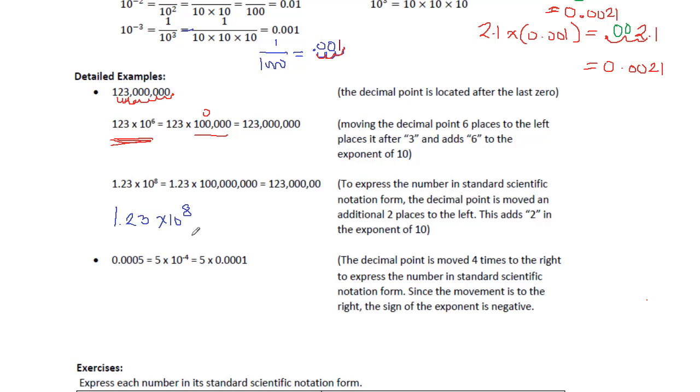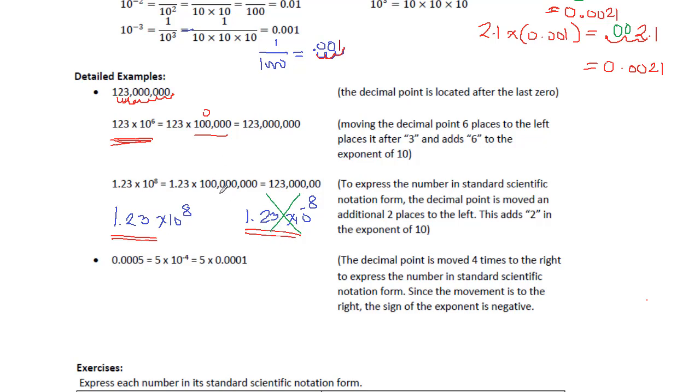A common mistake is that students will put this as 1.23 times 10 to the -8. These are the very common ones. So if you fall into this trap and are confused whether the exponent is a positive 8 or a -8, what shall you do? Just remember that this must not be correct.